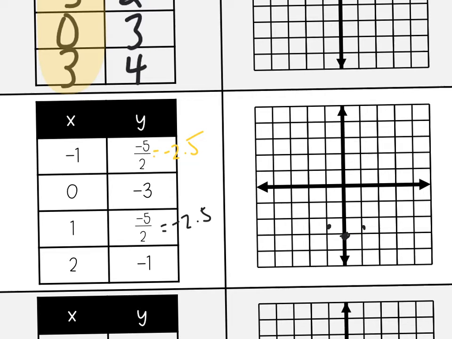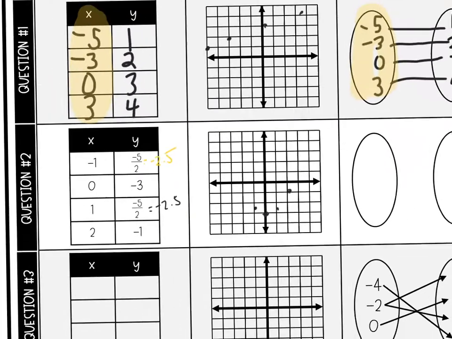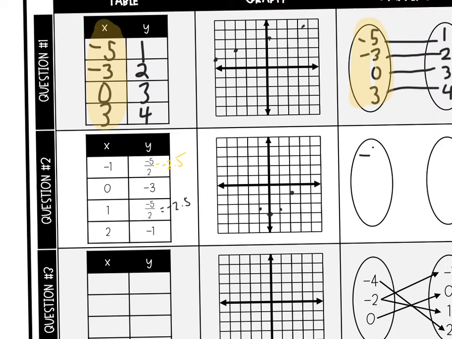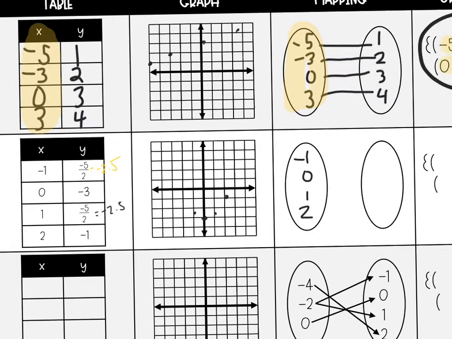So it's 1, -2.5, and 2, -1. Okay, so when I do this on a mapping, I put my x's on the left, and I put my y values on the right. Now I only need to put the -5 once, because I'm going to map the -1 and the 1 to that number.